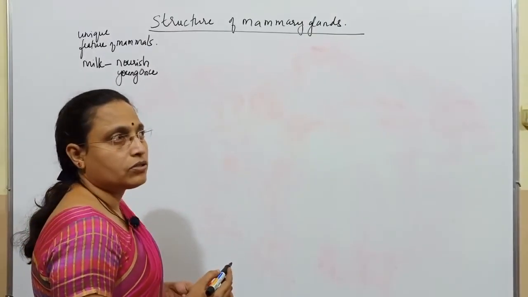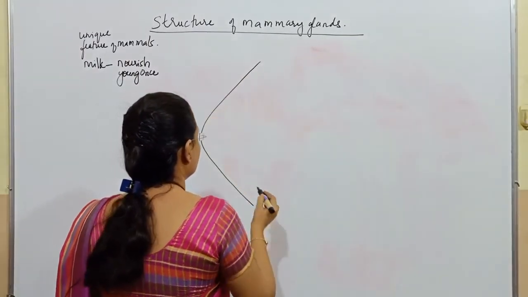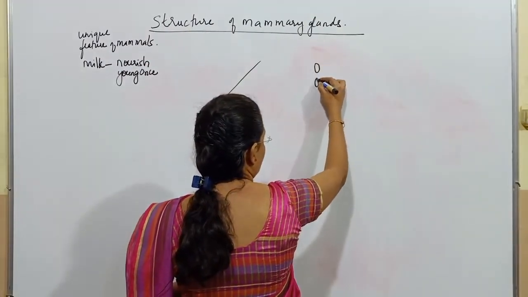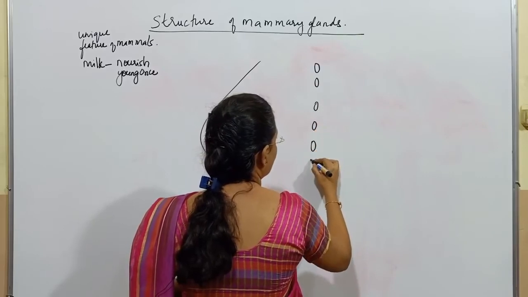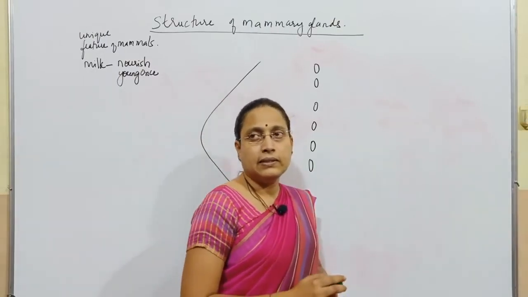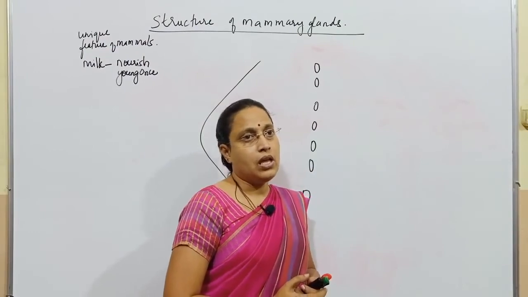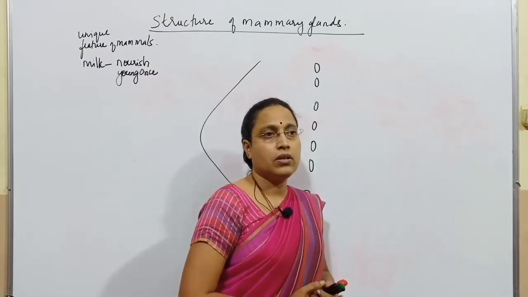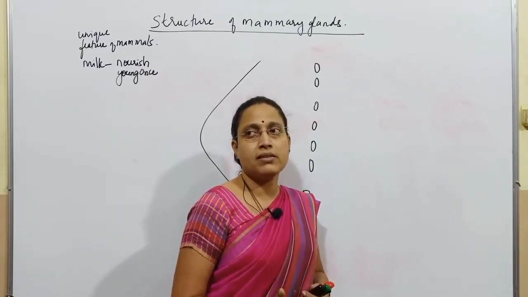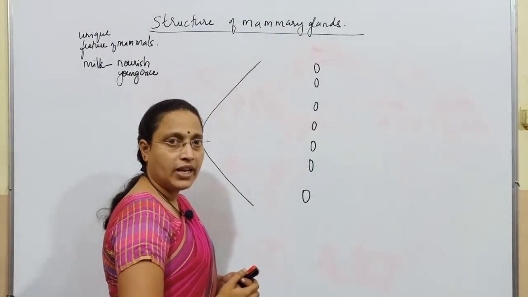Now I am going to explain the structure of mammary glands. Now, these are the cross section of the ribs. In front of these ribs, a pair of hemispherical prominences are present, and this itself is called mammary glands.